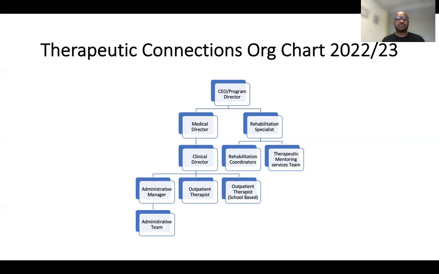That licensed clinical social worker can train them to give them the hours that are required, so they too can have the LCSWC credentials. But they oversee our therapists that are lower licensed.